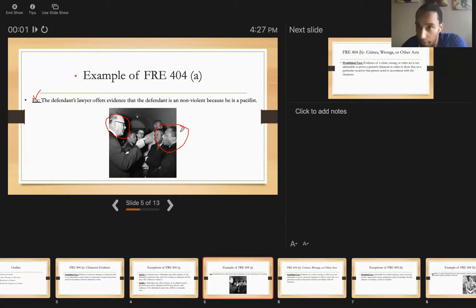Let's just say that happened. The prosecution can offer evidence to say, hey, look, MLK is a violent guy, because, according to the rule, the prosecution can rebut that evidence. That's an example of Federal Rule of Evidence 404(a).